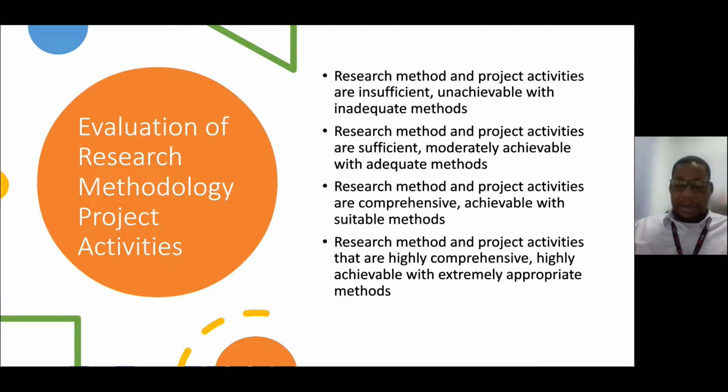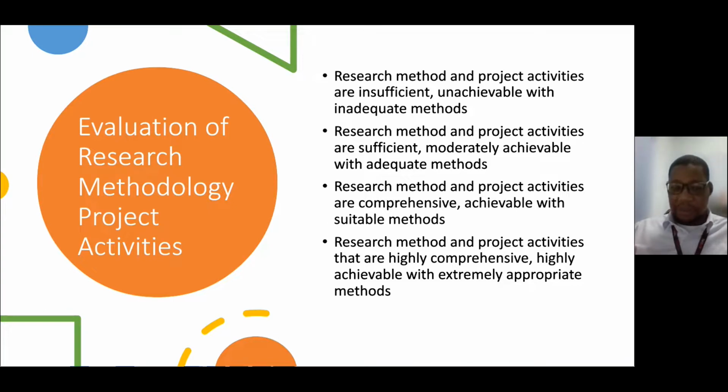And then number 3, which is the second best, is the research method and project activities are comprehensive, achievable with suitable methods. Here you have covered almost everything. The research method is quite clear. The project activities are well defined and comprehensive, and they are achievable with suitable methods.